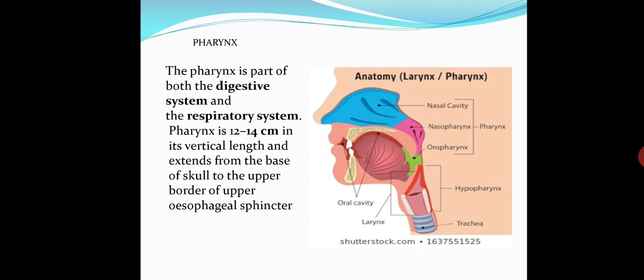Pharynx is about 12 to 14 centimeters in vertical length and it extends from the base of the skull to the upper border of the upper esophageal sphincter. In the next slide, I will tell you about the esophageal sphincter when I explain about the esophagus.